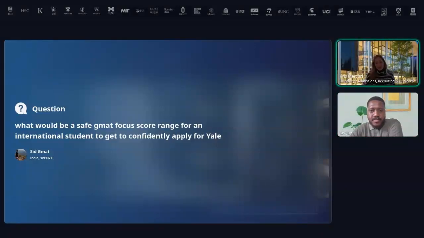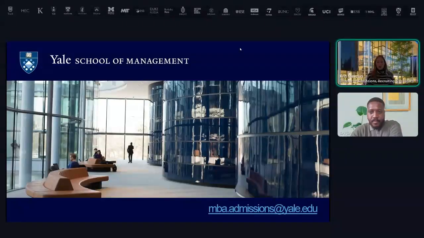Unfortunately, I wish it would be easy, but it's just not that simple. There isn't a safe GMAT Focus score. Again, we take a holistic view of your application. Some folks will have a soft test score, but they'll have an excellent transcript. Some will be soft on both, but they can still get admitted.